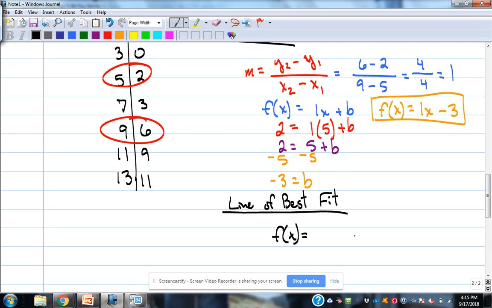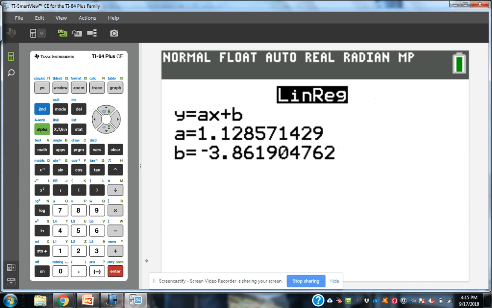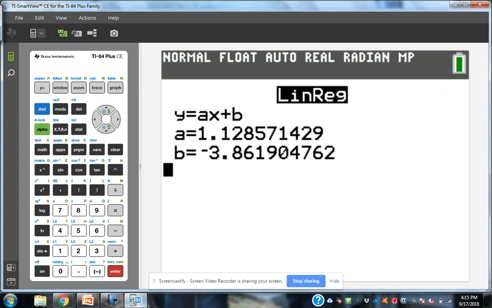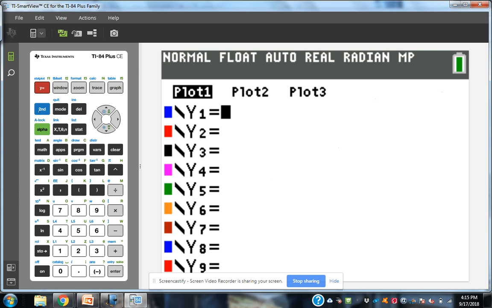Let's go 2 decimal places for each position. So 1.13 for the slope, minus 3.86.